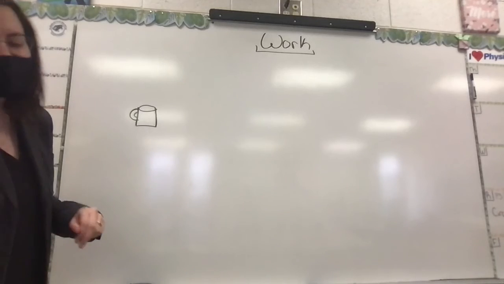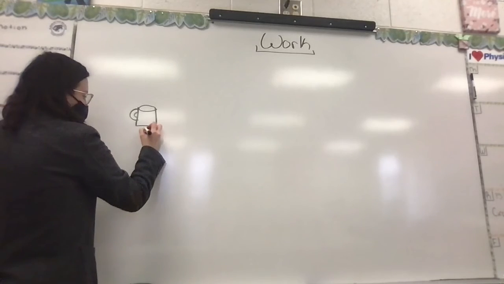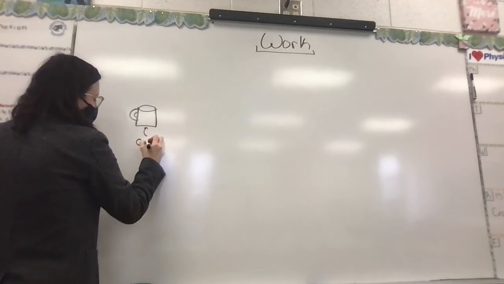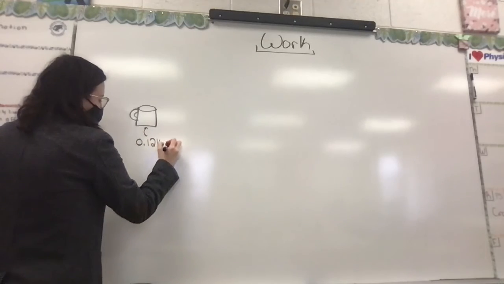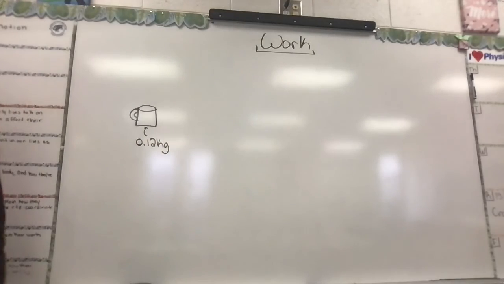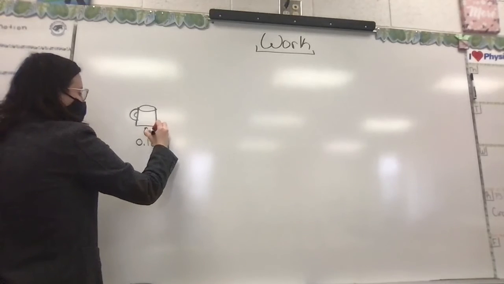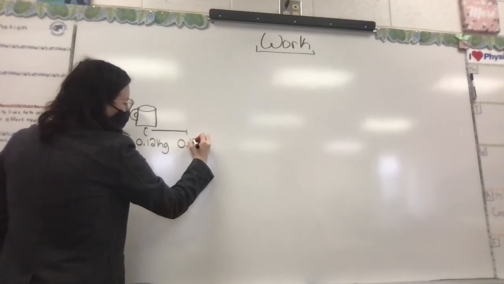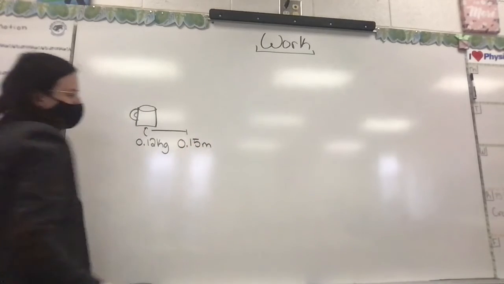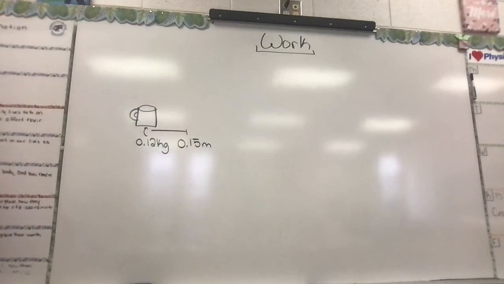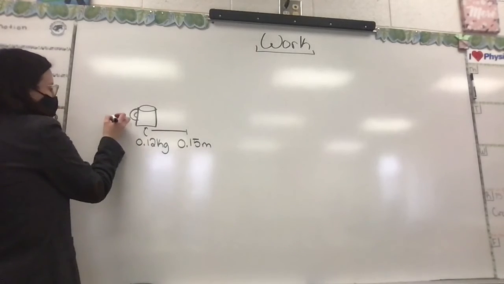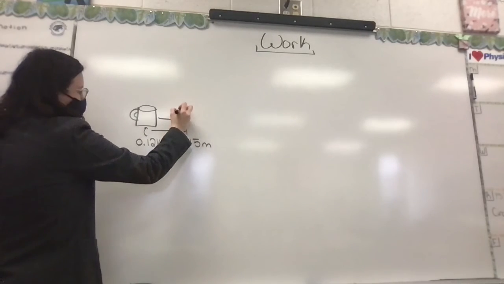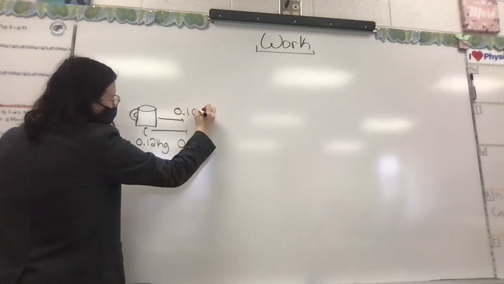Now, this coffee mug has a mass of 0.12 kilograms. And we are going to slide it a massive distance of 0.15 meters. Using an even bigger force of 0.10 newtons.